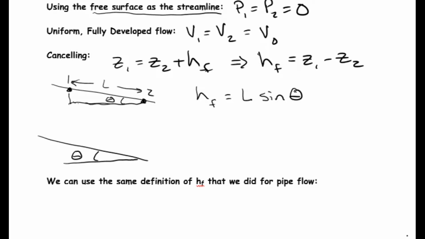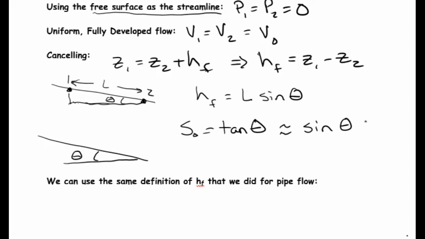Alright, so it turns out a lot of times it's just easier to measure tan theta. So what we're going to do is define a value S0 as tan theta. And it turns out if the angle is small, then tan theta is approximately equal to sine theta. And these angles are all going to be small.